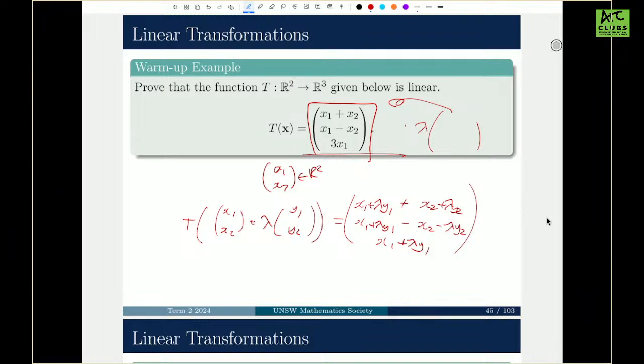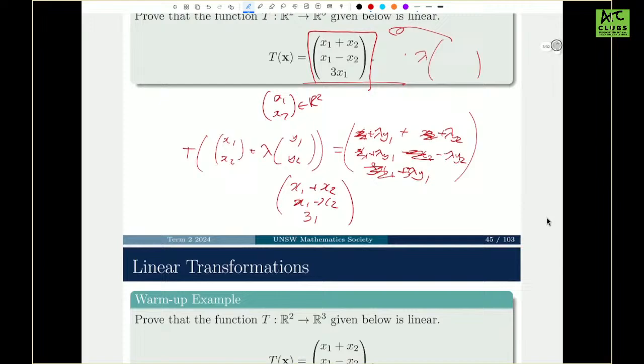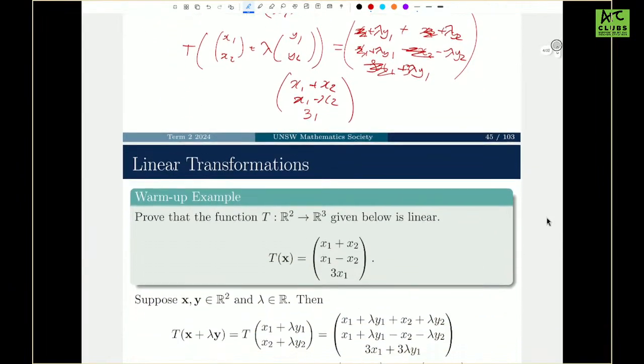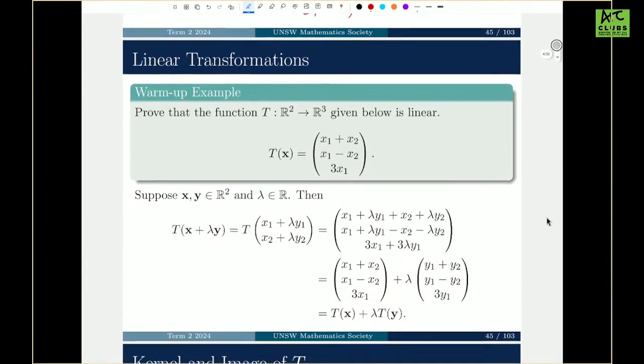So let's get the one in terms of x's: x1 plus x2, x1 minus x2, and from the bottom, 3x1. Okay, and you do a similar thing for the lambda yi's, and then factor the lambda out. So basically just this.